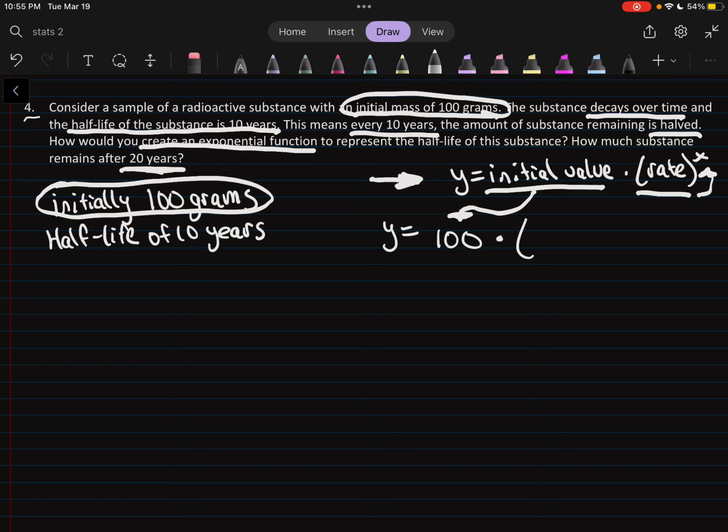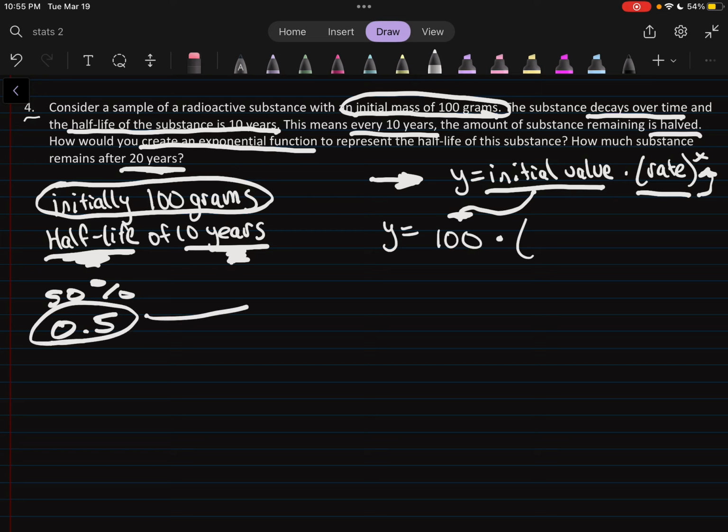Now, it says that the half-life of this substance is 10 years. A half-life would mean it decreases by 50%, or 0.5 in our case. This 0.5 is what we would plug in over here for our rate. 0.5. And then we would just put this still to the x power.